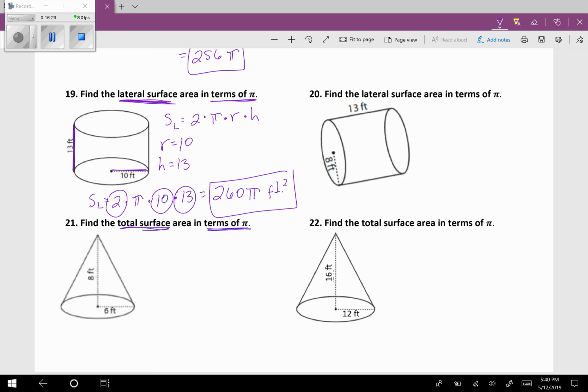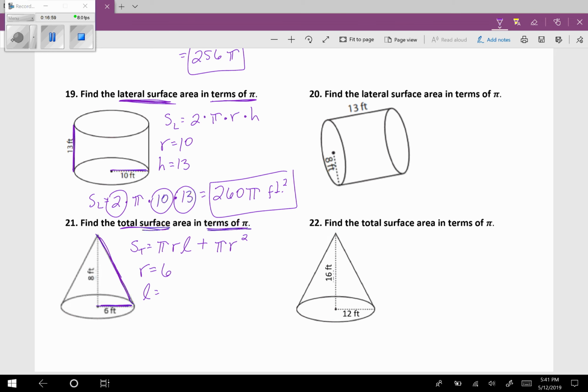All right. On these ones, total surface area of a cone, it's pi rL plus pi r squared. So r. Start with that. That's the radius of this circle part. 6. We know that. L is the slant height.